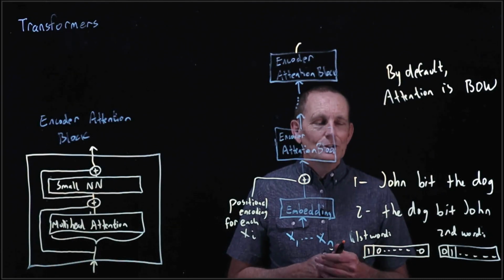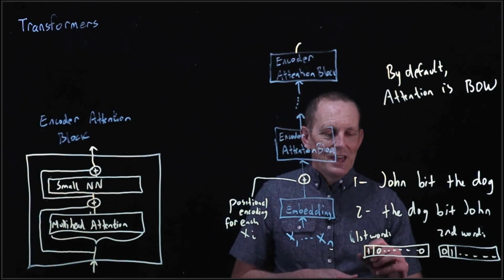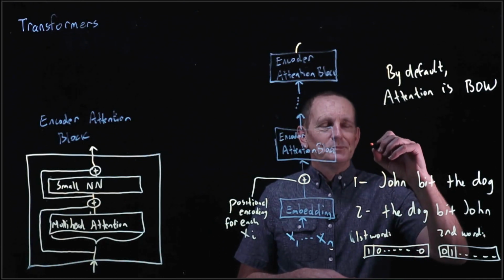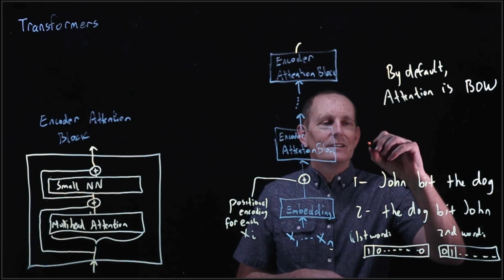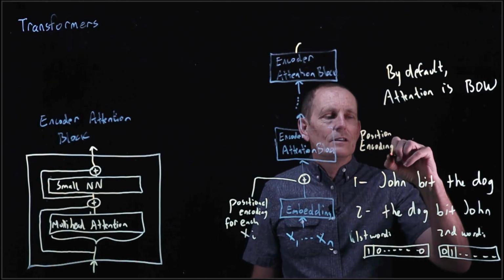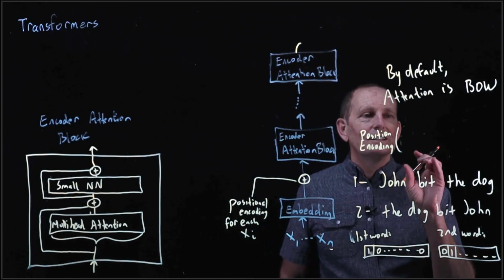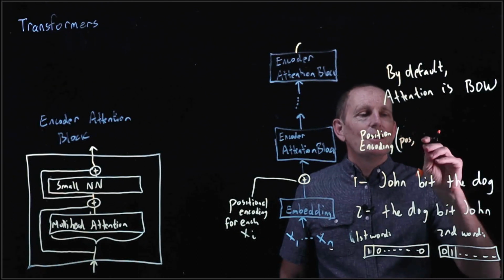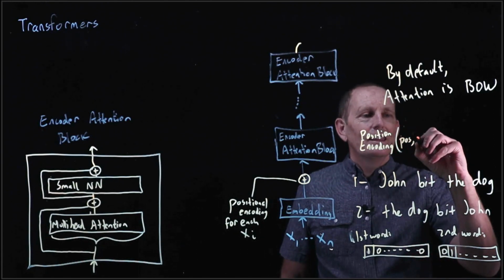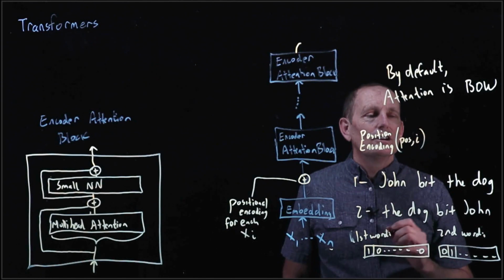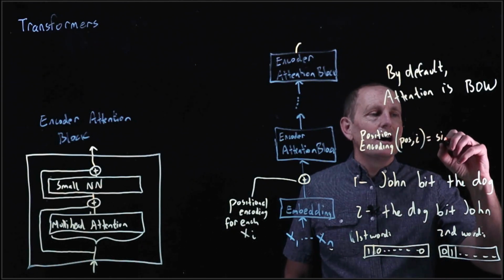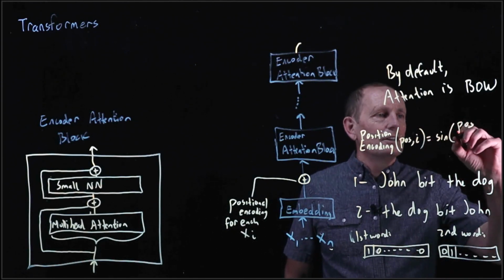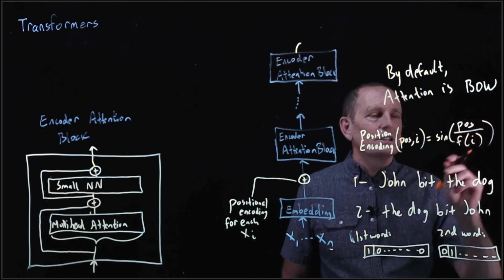They actually used sine waves. So the position encoding is this vector that's d long. And what we can say is if we have a position, the entry in the ith location of the vector is going to be sine of the position divided by some function of i, where this function doesn't particularly matter.